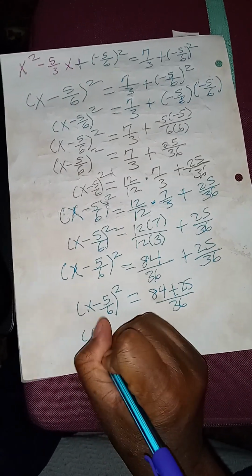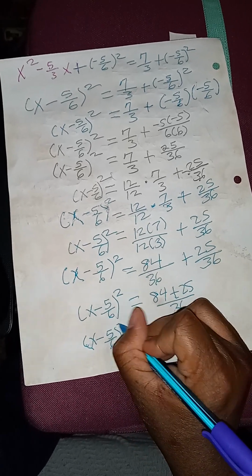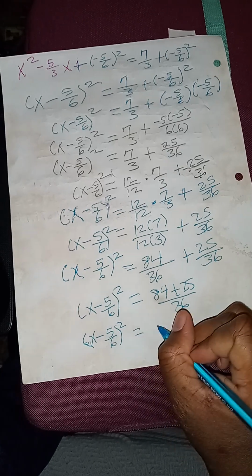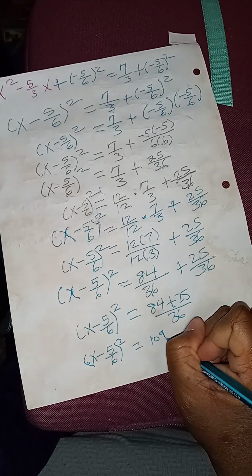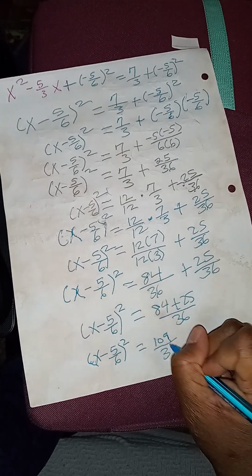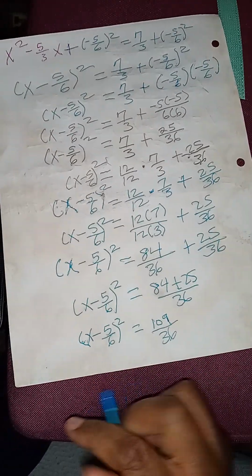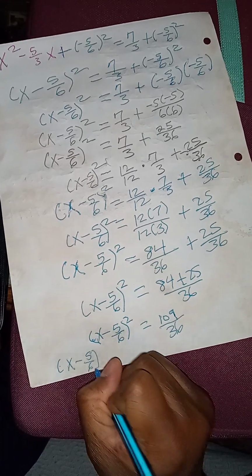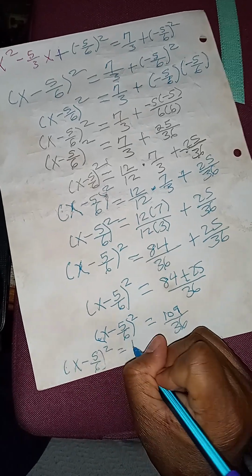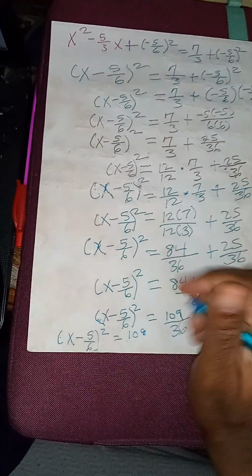Okay? So (x - 5)/6 squared is equal to 84 plus 25 is 109 over 36. Let's have that marinate there. So (x - 5)/6 squared is equal to 109 divided by 36.